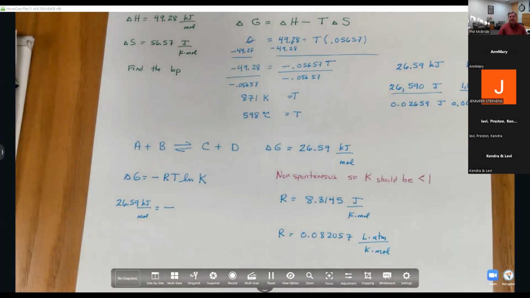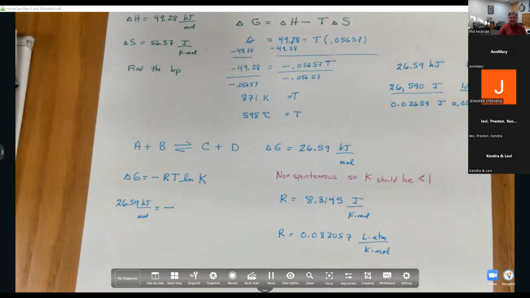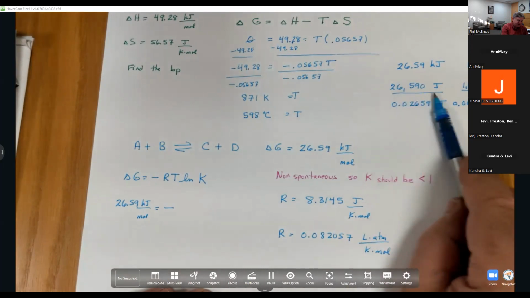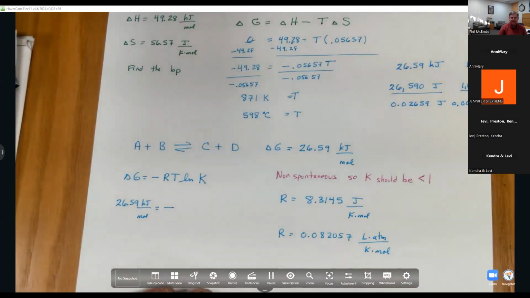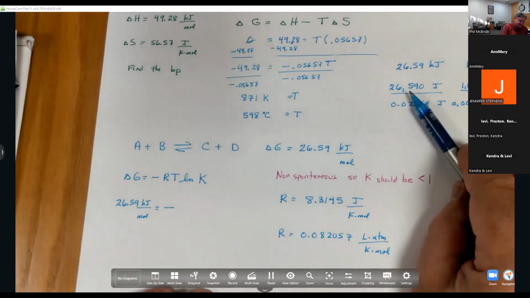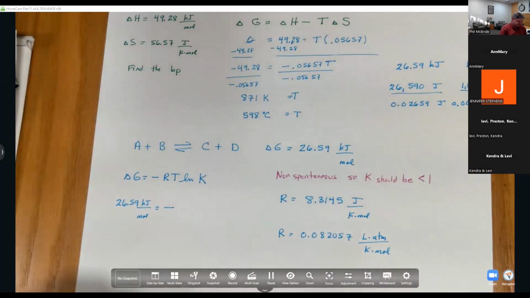If you're not sure which direction to go, change it to kilometers and meters, and it helps you realize there are 1,000 meters in 1 kilometer. So there should be thousands of joules in a kilojoule. So 26,000 joules is 26 kilojoules.